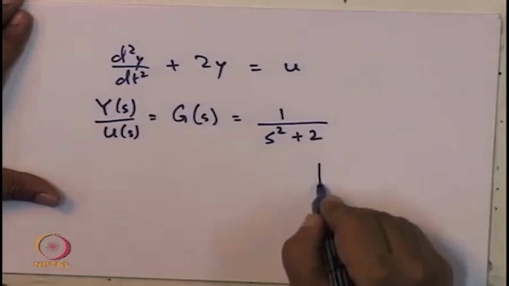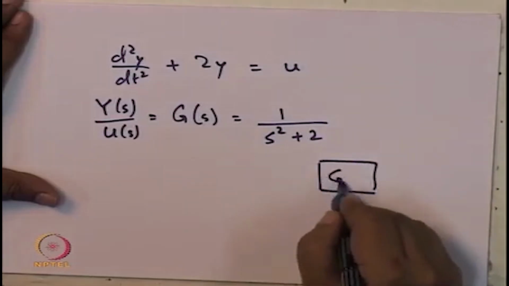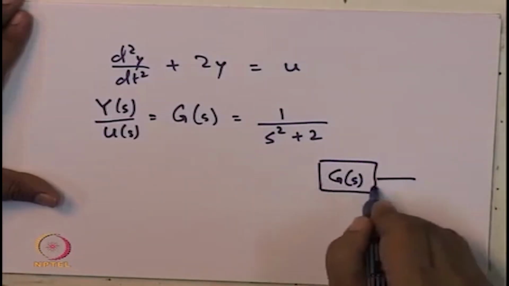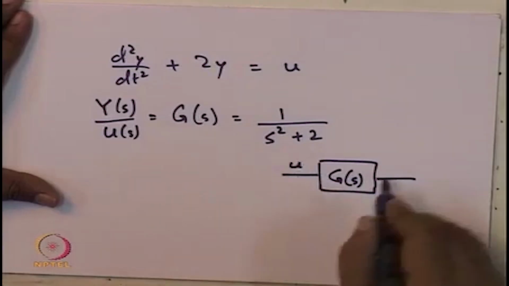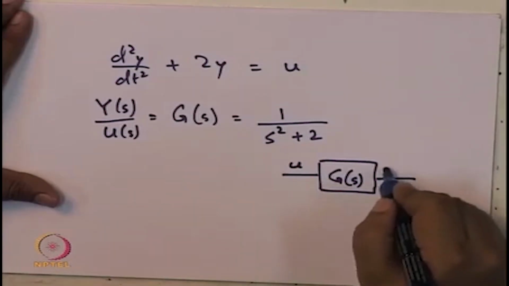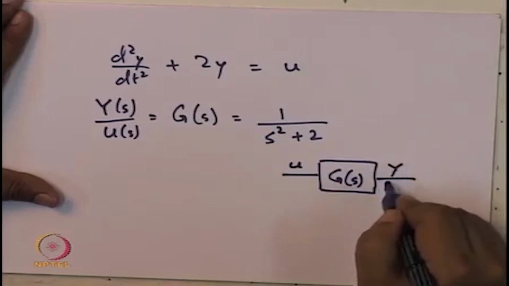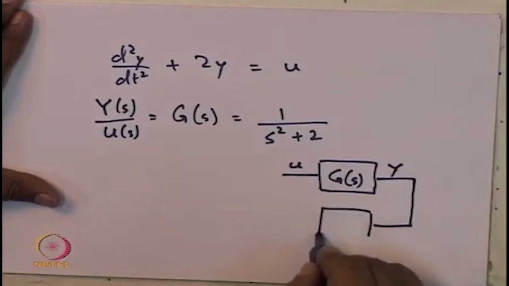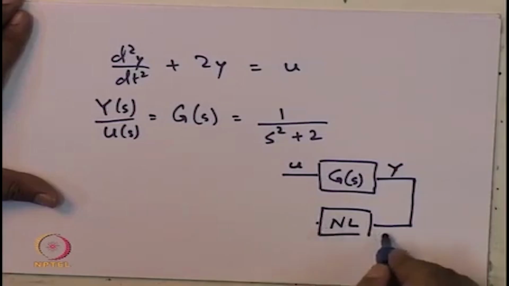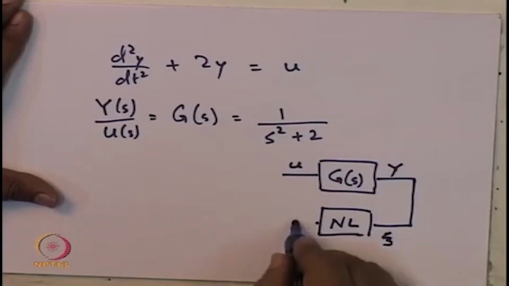So, now let us think of this g(s) in this way, and here is the input that you give, which is u, and the output that you get for this, which is y. You take this y and put it to a nonlinearity, and this nonlinearity has the characteristics that if the input to the nonlinearity is psi, the output is psi squared.